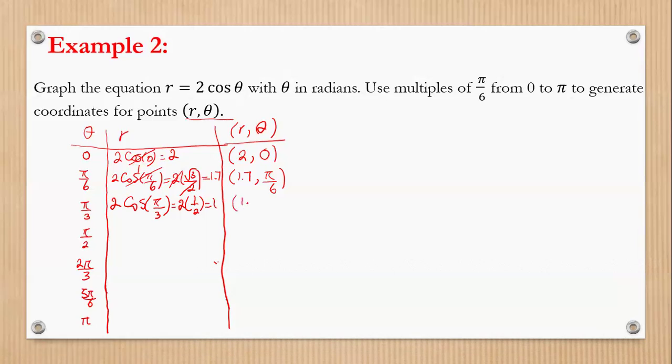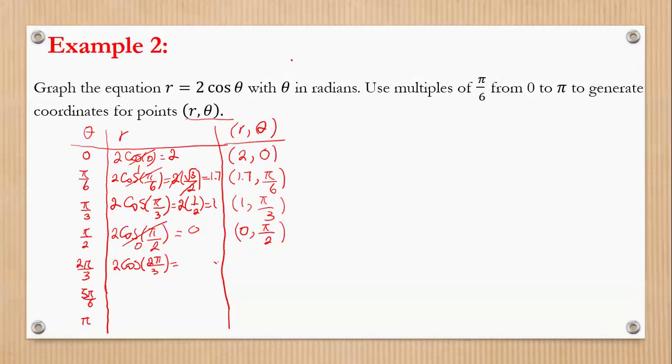So the point is 1 and pi over 3. If I replace pi over 2, I get 2 cosine of pi over 2. Pi over 2 is 90 degrees. Cosine of 90 degrees is 0, and 2 times 0 is just 0. So the next point is 0 and pi over 2. 2 pi over 3. So the cosine of 2 pi over 3.